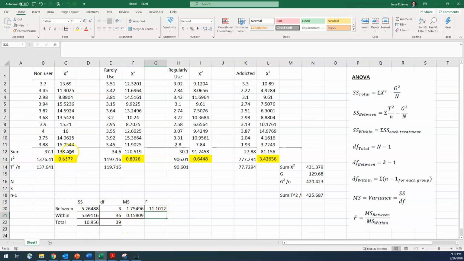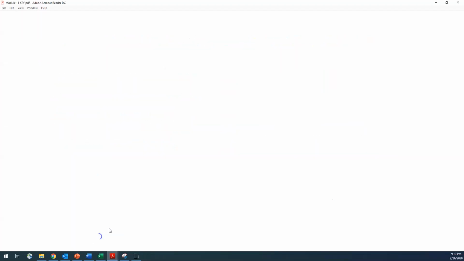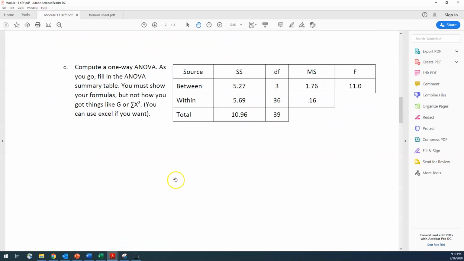There's going to be some rounding error. I didn't round at all in the whole computation of everything I did up here, but when I created the module answer key up here, I did round some, and so you'll see that perhaps what you computed, based on how many decimal places you carried your computations through to, you might find that you have slightly different values.